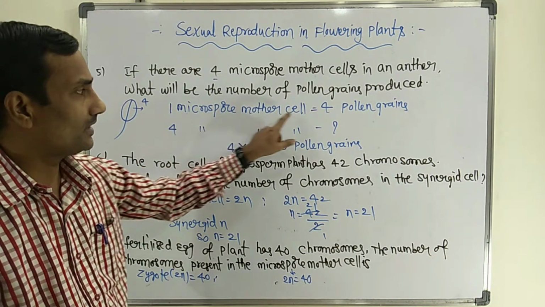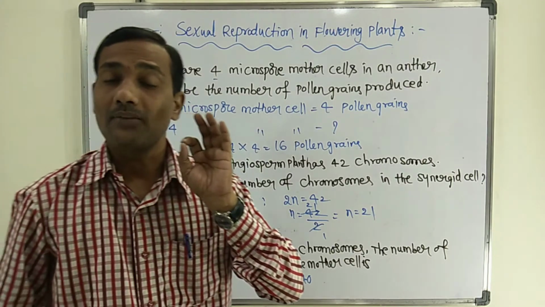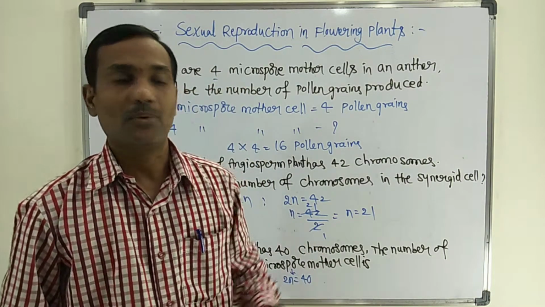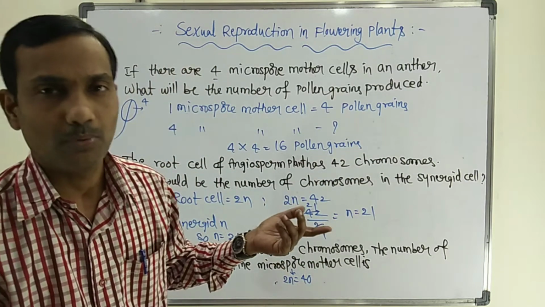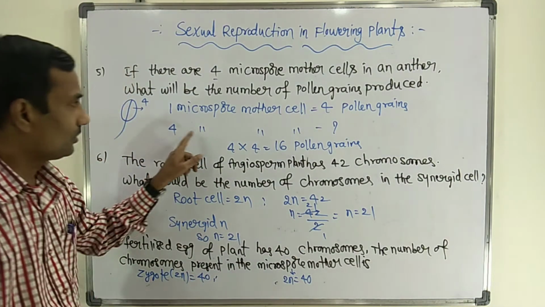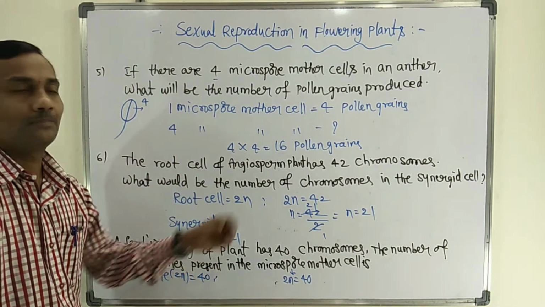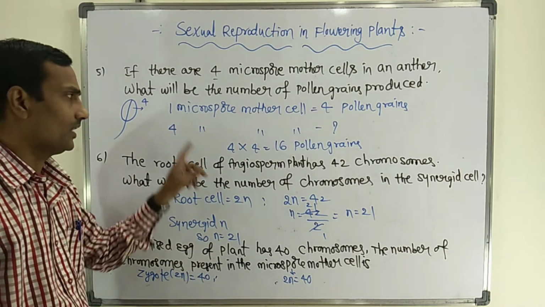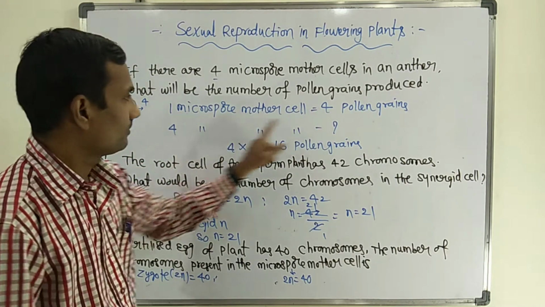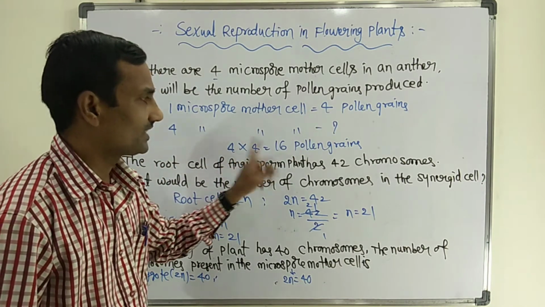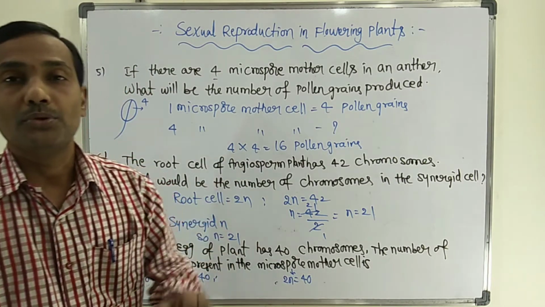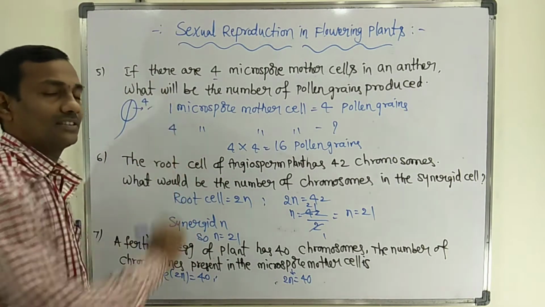One microspore mother cell, after meiosis, produces 4 pollen grains, called a pollen tetrad. So by cross multiplication, 4 into 4 is 16 pollen grains produced from that entire anther.